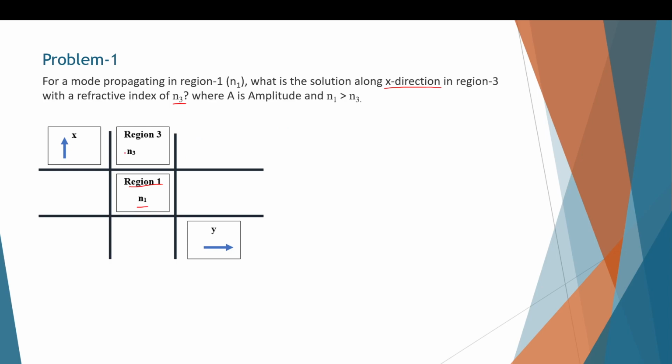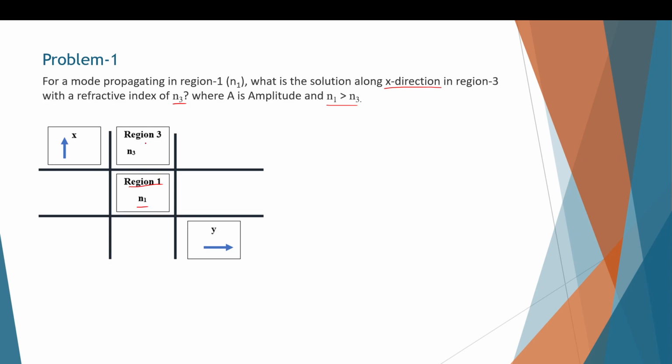The vertical direction is the x direction, and n1 is greater than n3, so that's why the mode is propagating in region 1. If you look at the vertical direction in region 3, there is no boundary for x going to infinity. So the kind of solution that we expect in region 3 is always a decaying solution.